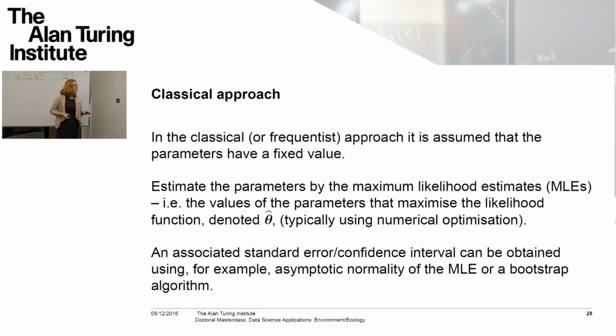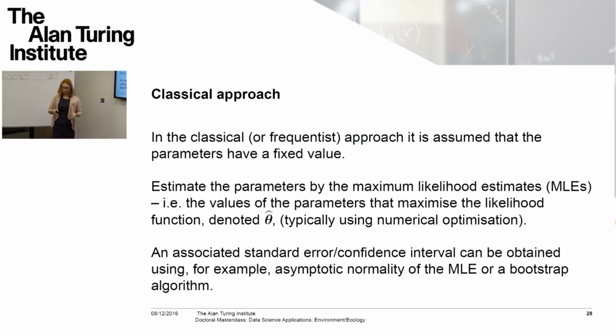I've touched on some of this already. In the classical framework, we write down our model, we write down our likelihood, and the estimates that we can obtain of the parameters are called maximum likelihood estimators, and they are the parameter values that maximize the likelihood function. So it's an optimization problem.